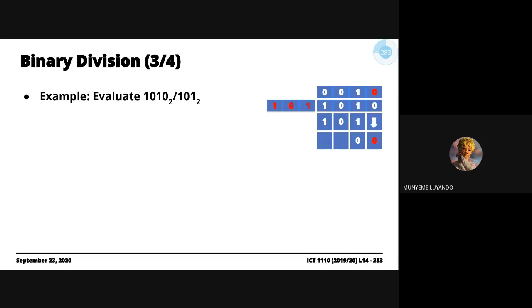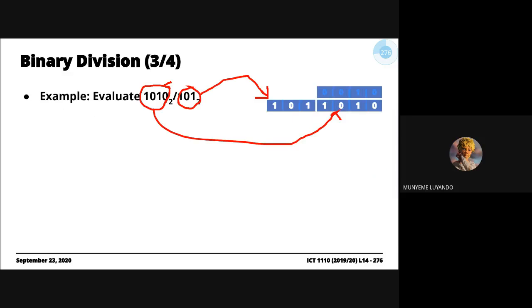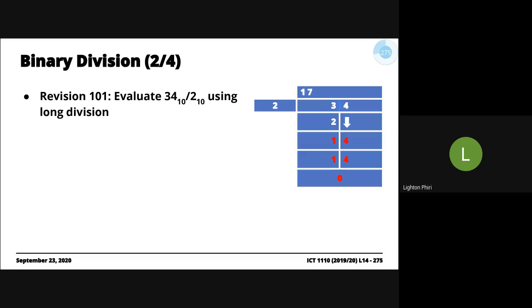Let's say the previous example before this one. Yes, this one. What I mean is 2 into 3. Isn't it like 1 remainder 1?